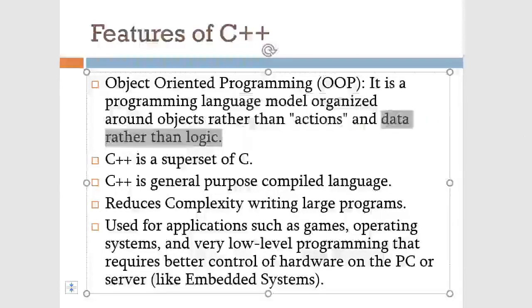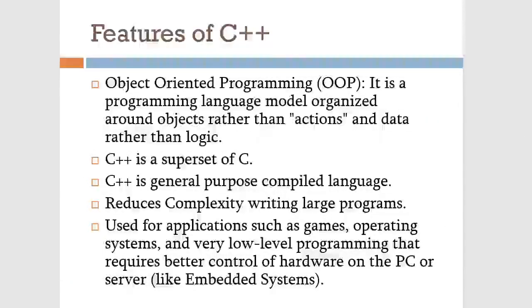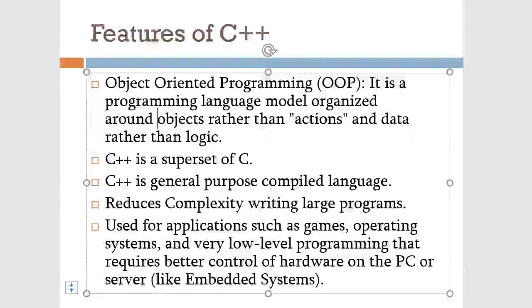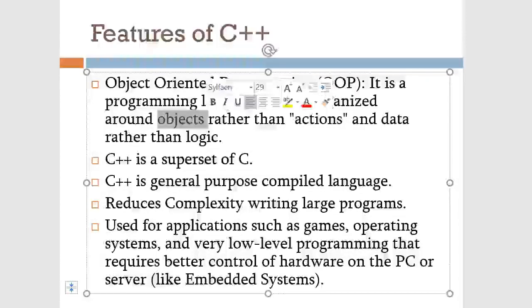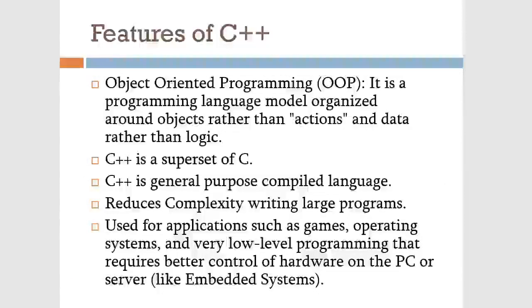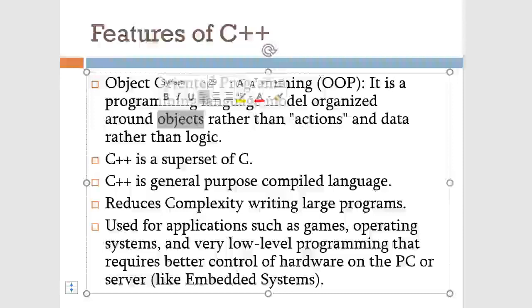So in C, a lot of things are based on logic. I mean, C programs are sequential and everything is logical. But in C++, everything is defined almost in terms of objects. So we create a class and we create an instance of that class, and that instance is called an object.